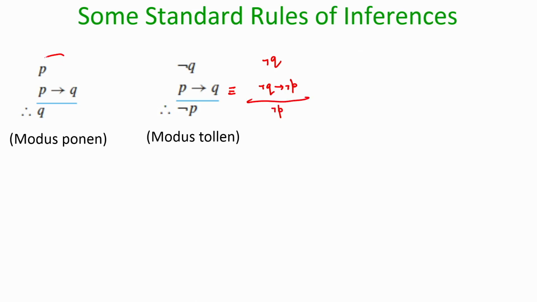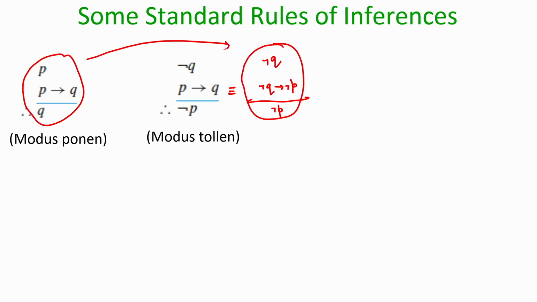So, if you see closely here, the new thing that I have written is of the same form as Modus Ponens, right, same form. Why? Well, you can say that negation of Q is denoted by some other variable R, so I can say R implies, and negation of P is denoted by S, and hence I am denoting the conclusion S, and this is nothing but Modus Ponens, which I know is a valid argument form.